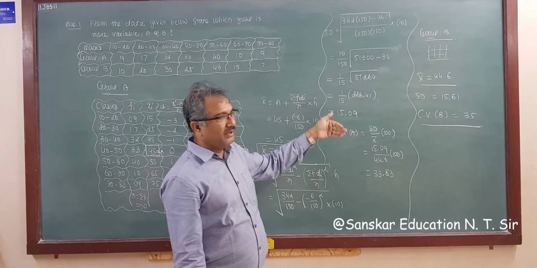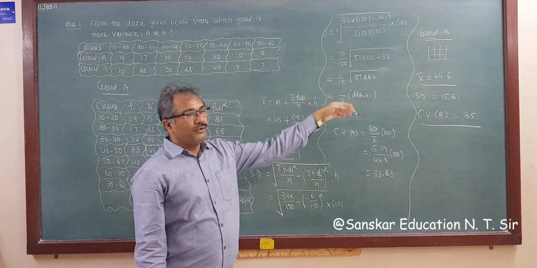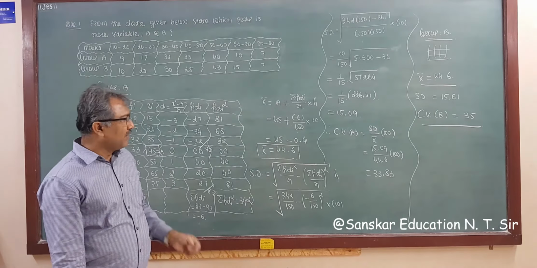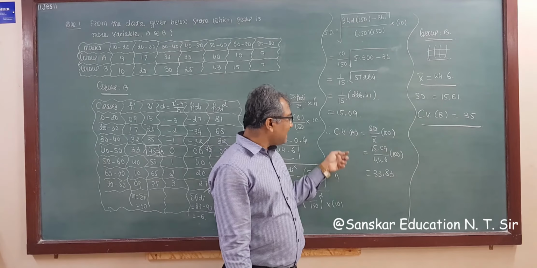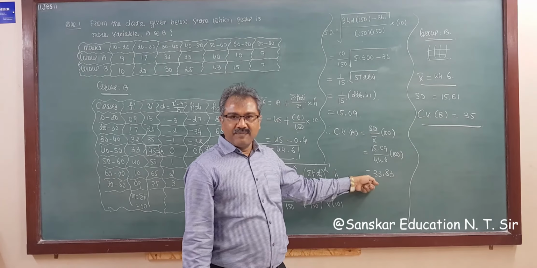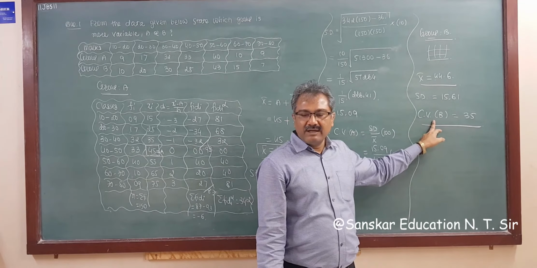These are the answers you have to calculate yourself, in a similar way. Now compare these two. CV for A is 33 and CV for B is 35.